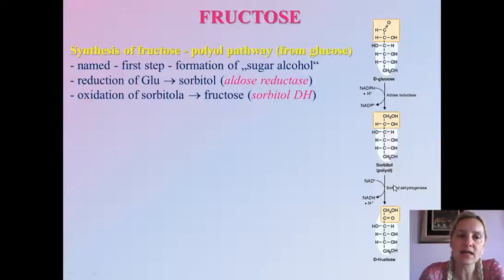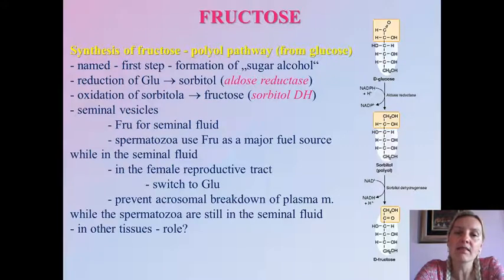In the second step, sorbitol is oxidized to D-fructose by sorbitol dehydrogenase, and the acceptors of reducing equivalents are NAD coenzymes. This synthesis of fructose occurs in seminal vesicles, and it's important because this is the way to synthesize fructose for seminal fluid.